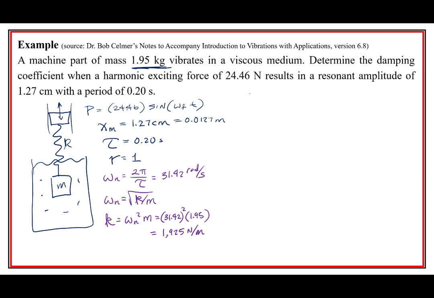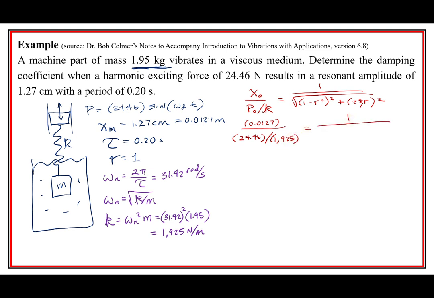I can go back into my relationship here: P0 over K. Oh, I can use that here. That's going to be 1 over the square root of 1 minus R squared, plus 2 squiggle R squared. And I can plug all of these in: 0.0127, 24.46, 1,925, 1 over, and this is the resonant one, right?